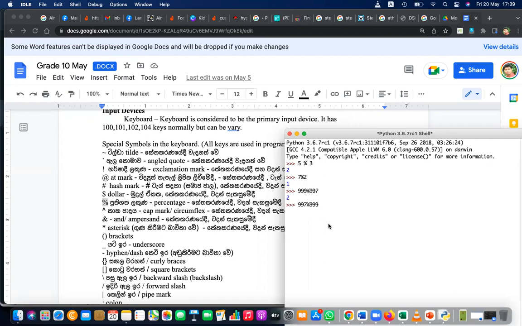If I divide 997 by 999, now what is the remainder? Yes, 997. You can't divide. 997 is smaller and 999 is bigger.